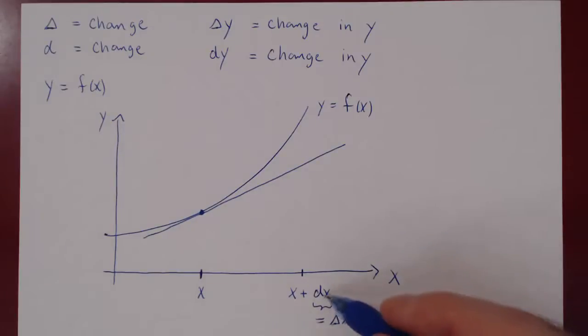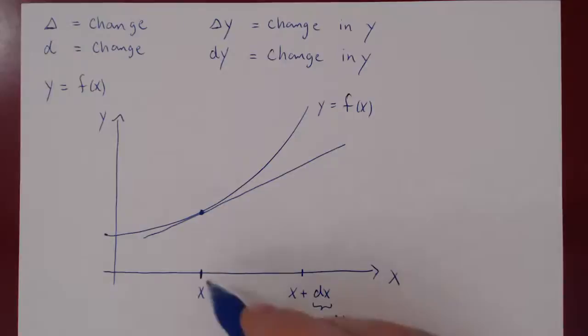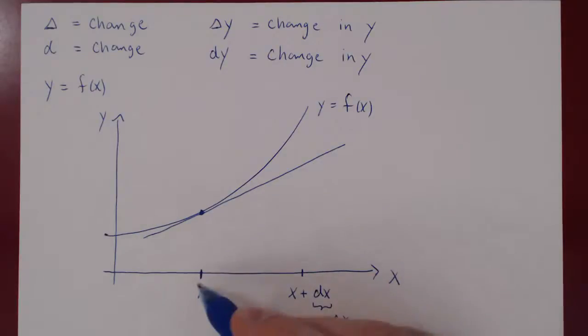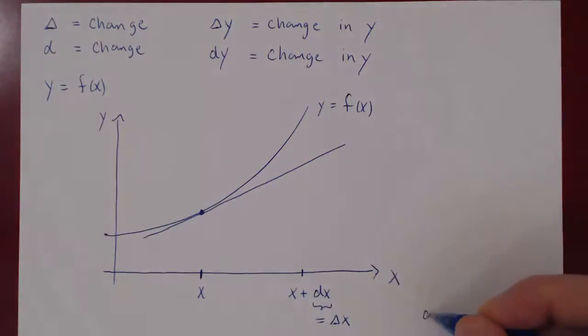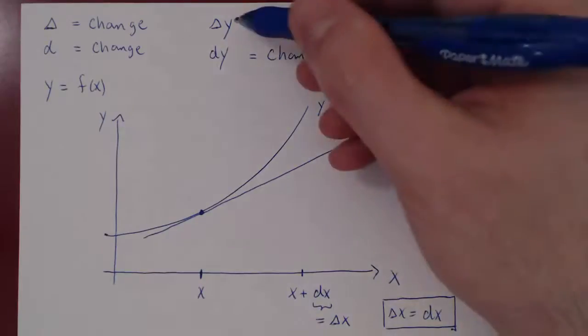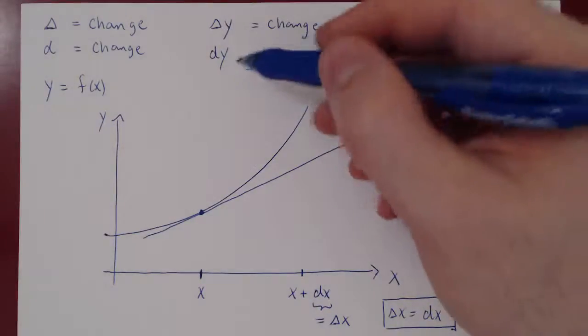So when you have a change in the independent variable, dx and delta x are the same because we choose by what amount we translate x. So dx and delta x are equal, only because x is the independent variable and we choose the value of our change in the x direction. Let's now look at the change in y and see if there is a difference between delta y and dy.